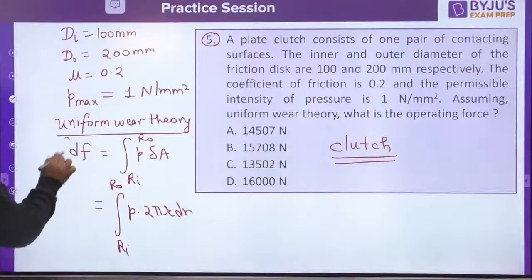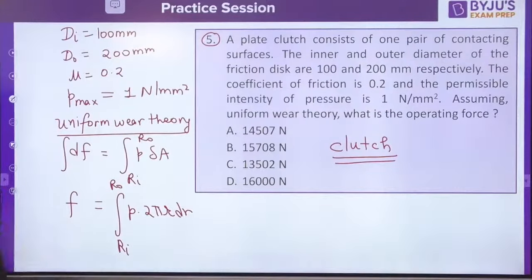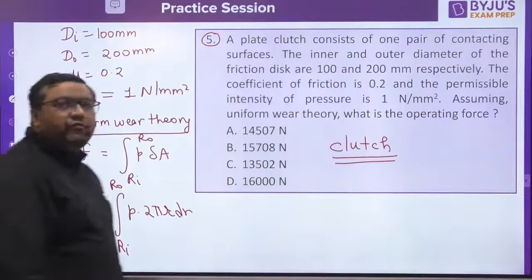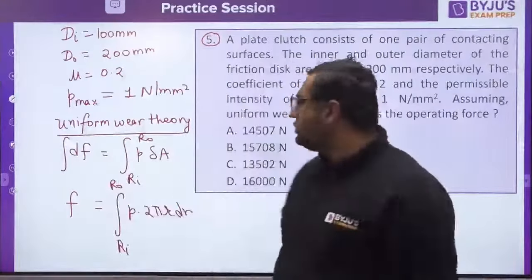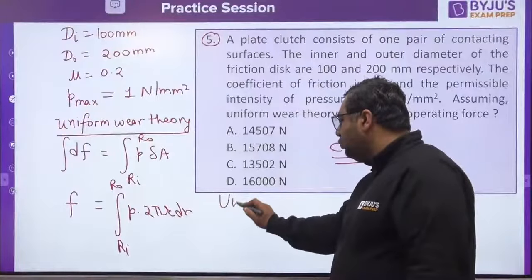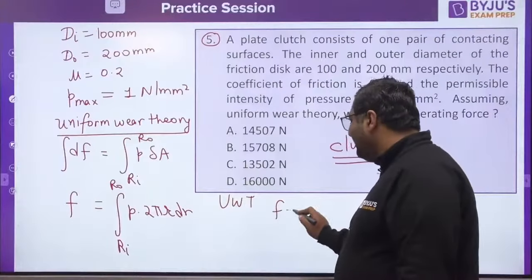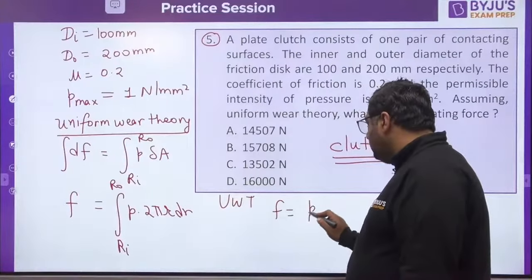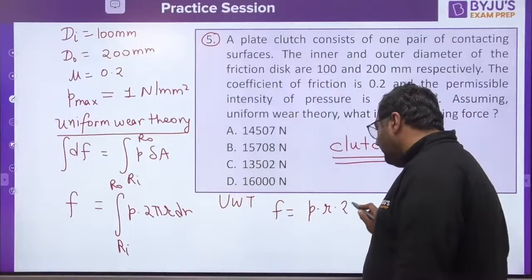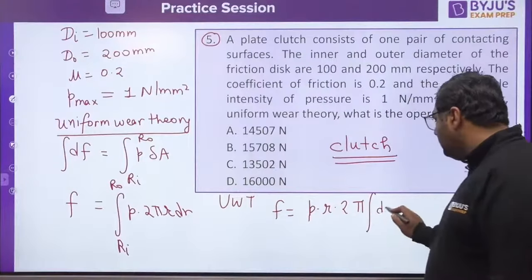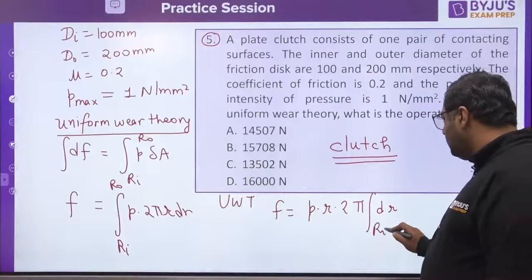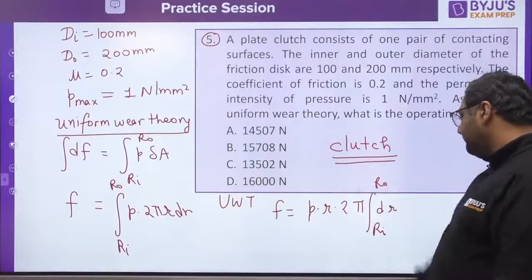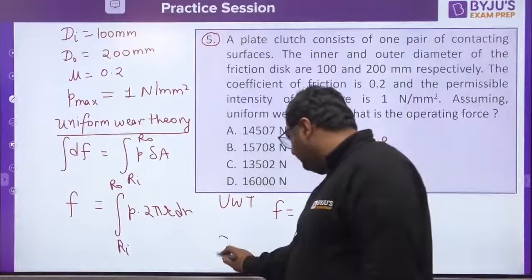This will give you the force F. You need to apply uniform wear theory, so apply UWT. F would be the integral of P into R into 2 pi dr from Ri to R naught.